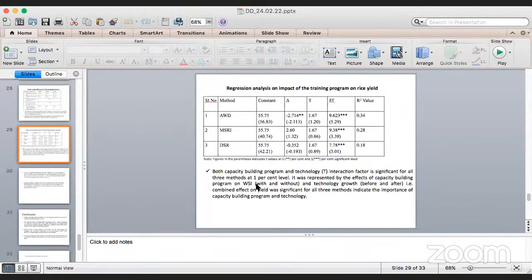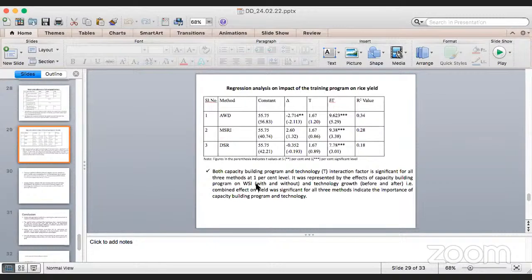The technology here is nothing but the capacity building program on water saving interventions, for those who have participated, combined with the time factor. You see the combination shows significance.